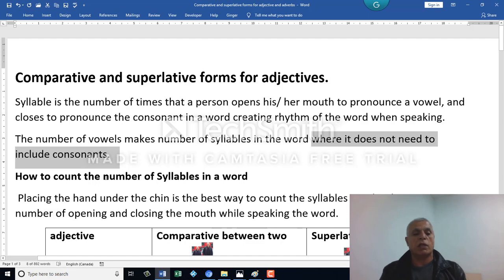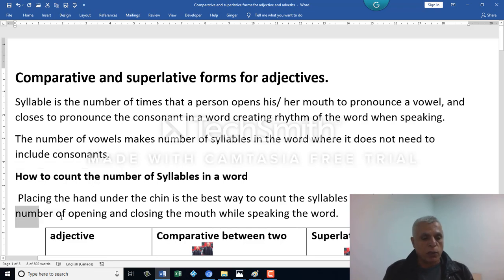How to count the number of syllables in a word: placing the hand like this under the chin is the best way to count the syllables, by counting the number of openings and closings of the mouth while speaking the word.